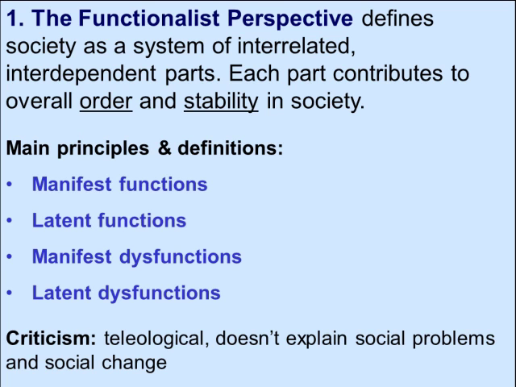Now, it's a little harder with latent functions and dysfunctions, because those are unexpected consequences. What could be a latent function of this program? It has to be some positive outcome that wasn't expected. Well, we could argue that there is more cultural and economic exchange between the two countries.